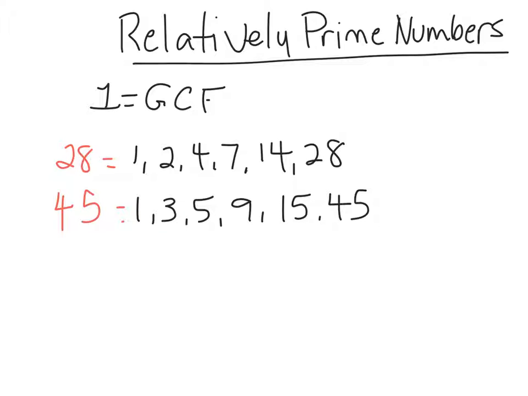And the greatest common factor here is 1, and so that fits that category. The GCF here equals 1, and so these are relatively prime. That means that their greatest common factor is 1.